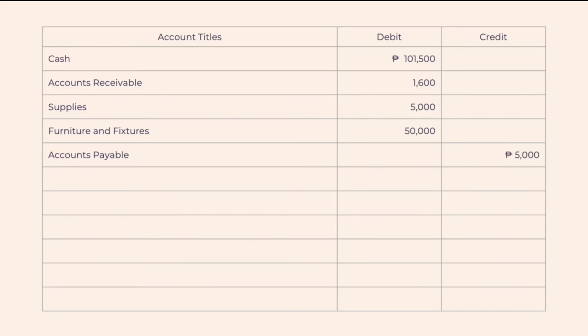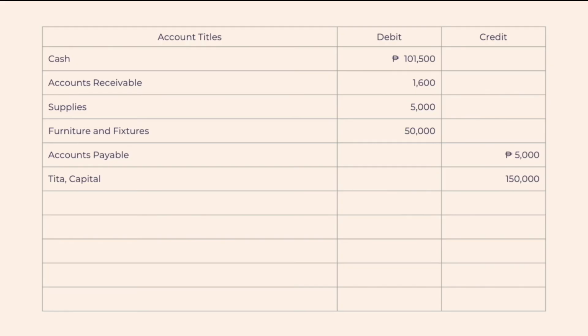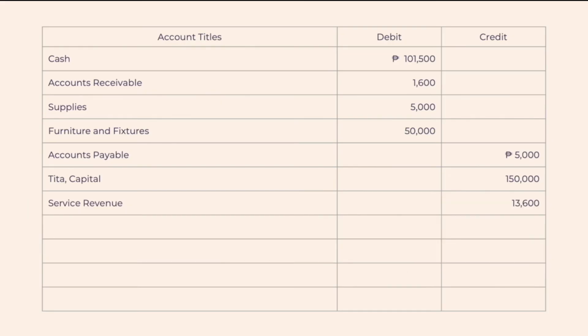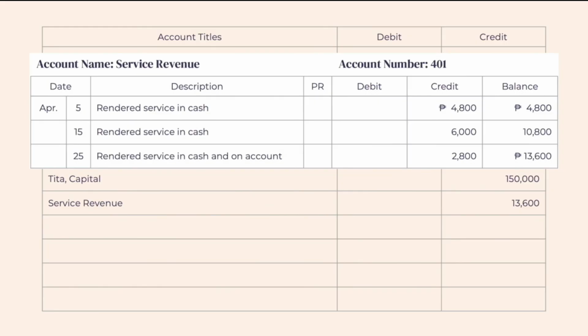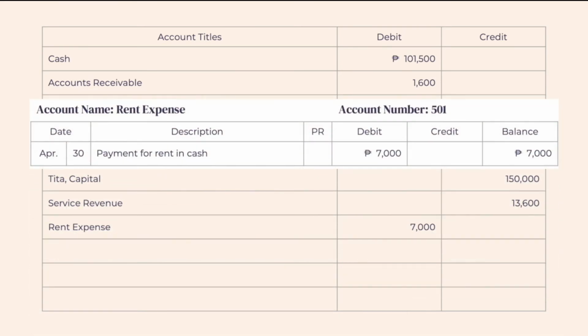Then a liability account, the accounts payable, with credit balance of 5,000 pesos. Next, Tita Capital with 150,000 pesos in credit. Followed by service revenue of 13,600 still in credit side. Next, rent expense with 7,000 total balance on debit.